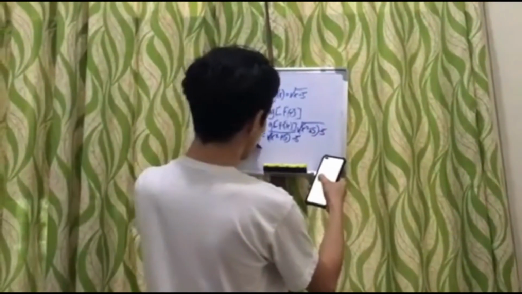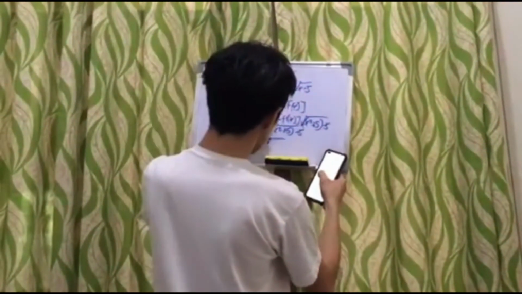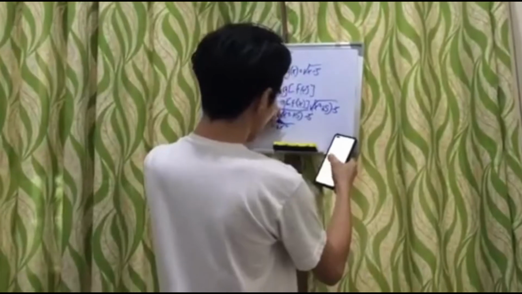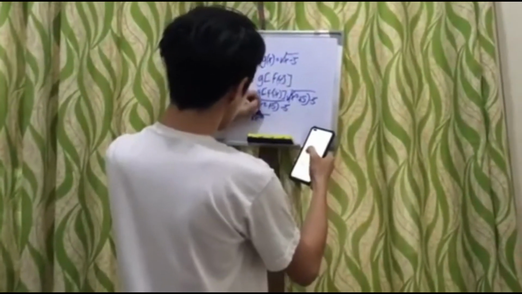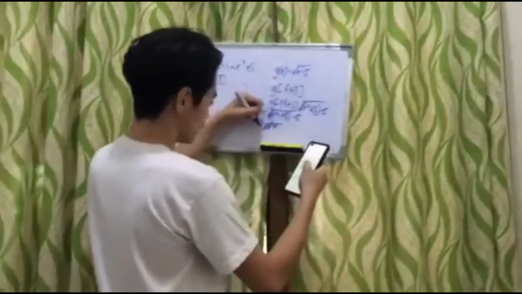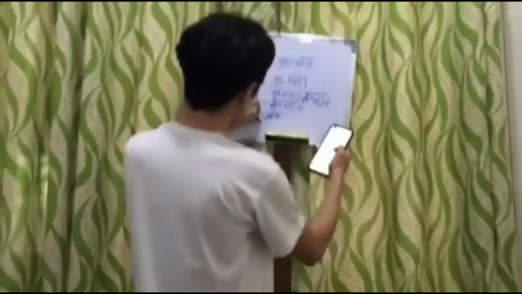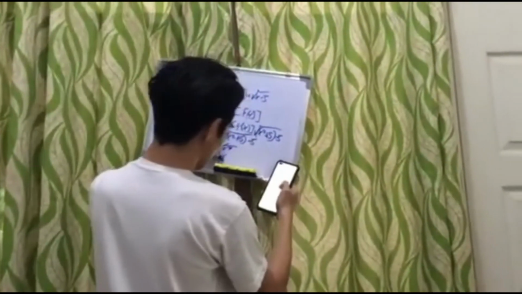That leaves x squared, and cancel the square and square root. Cancel and cancel. So our answer will be x.